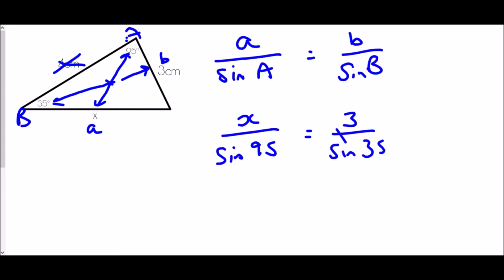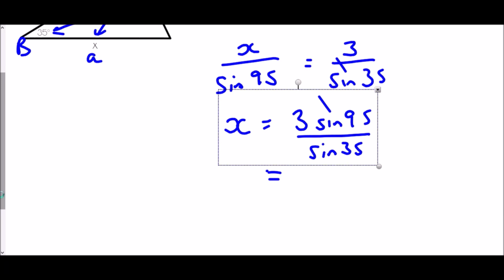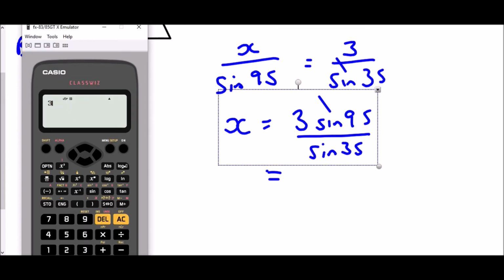And so if we want to work out what x is, I'm going to have to multiply by sine 95, and so x will be 3 sine 95 over sine 35. And again, this is just a case of typing it straight into your calculator. So let's grab the calculator. 3 sine 95 all over sine 35.